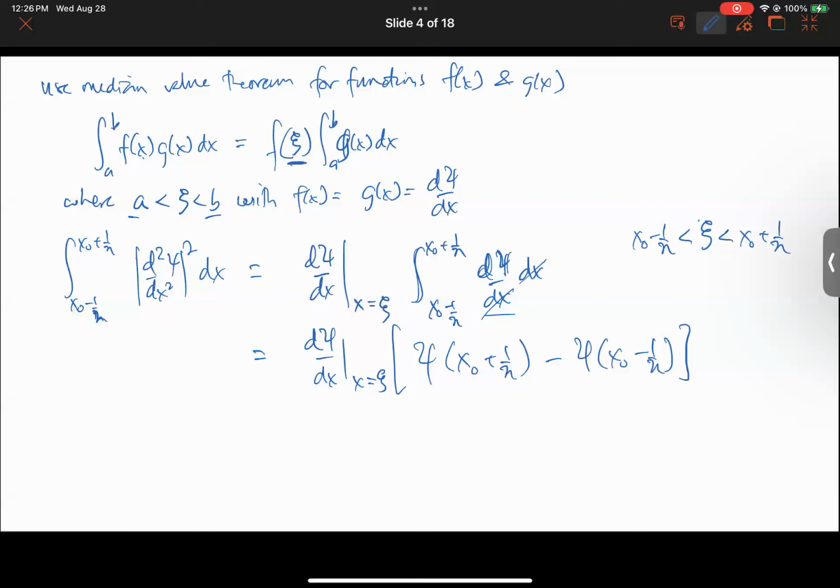So remember that we're taking the limit as n approaches infinity, which means na if you take the limit as, not n but eta approaches infinity, then this limits of integration actually approaches x naught.